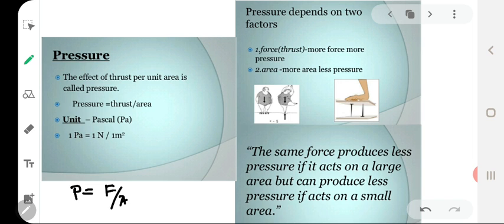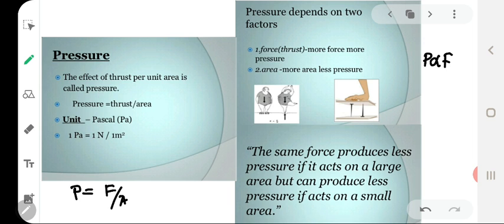Now a question arises. What are the factors on which pressure depends? Pressure is directly proportional to the thrust. The more the thrust, the more is the pressure, and lesser the thrust, the lesser is the pressure. So we can write down that pressure is directly proportional to thrust.